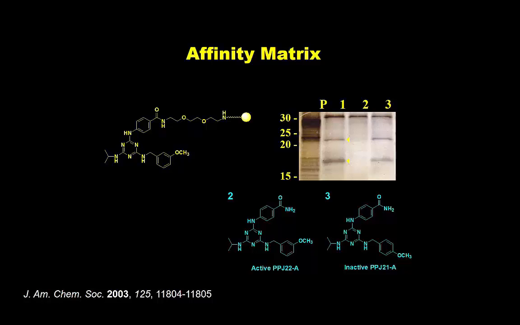Now you can confirm the selectivity of the target protein to this molecule is quite specific even to small changes of location of methoxy groups. Then you can comfortably say, at least binding wise, these proteins B and C are selective binders to these active molecules.